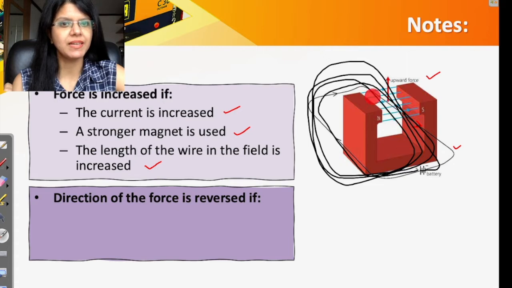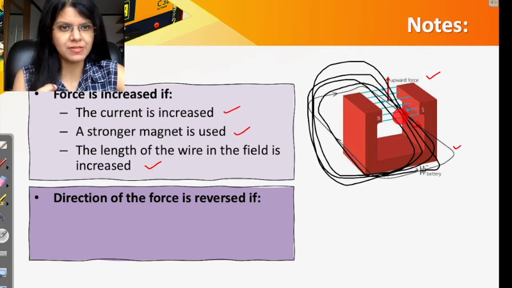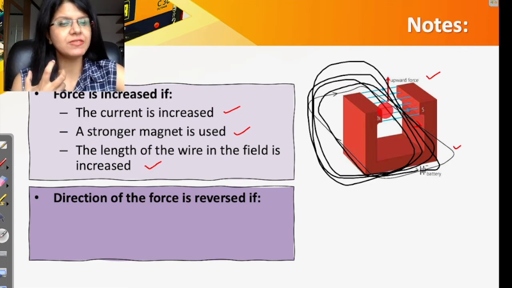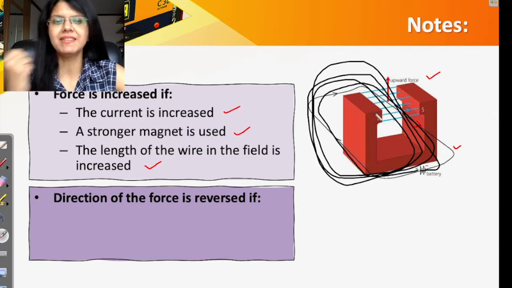I've taken the loop 4 times. 1, 2, 3, 4. Effective length of the wire which is inside between the poles of the magnet has gone up 4 times. The force experienced will also go up 4 times. Right? Now the next set of points we are going to understand is the direction of the force is reversed.